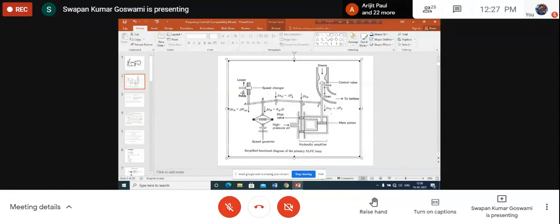As a result, the speed of the generator will either increase or decrease, and this will be during the transition period only. Finally, the generator again will be rotating at synchronous speed. Since this action is changing the speed of the generator momentarily, that's why it is called the speed changer.